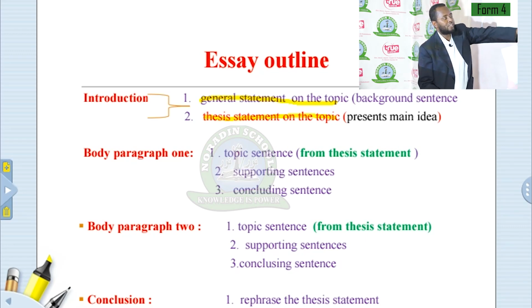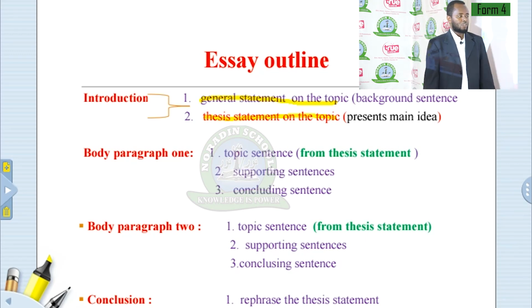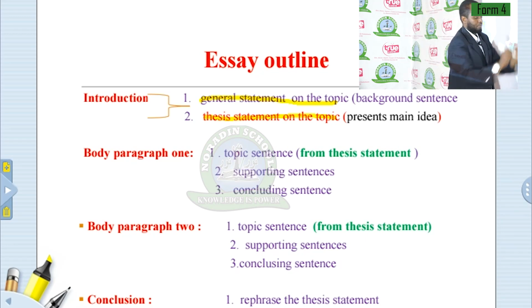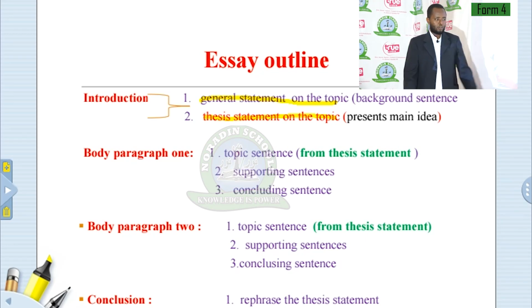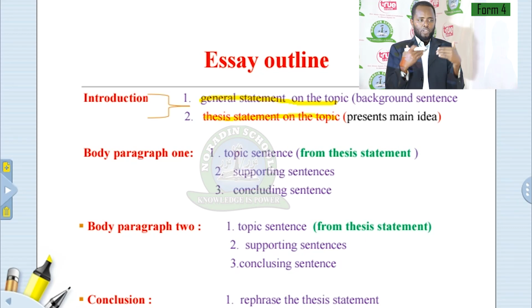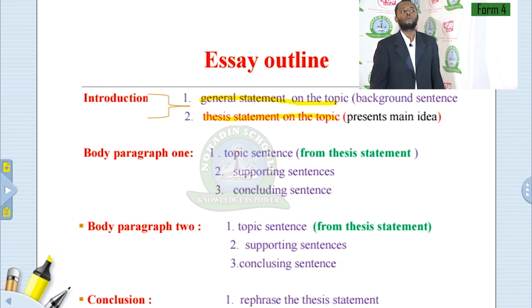So this is the first paragraph of your body, and this is the second paragraph of your body. Every paragraph has a main idea or topic sentence from the thesis statement, and this is the conclusion. In the conclusion, you're going to rephrase the thesis statement and sum up the main points.